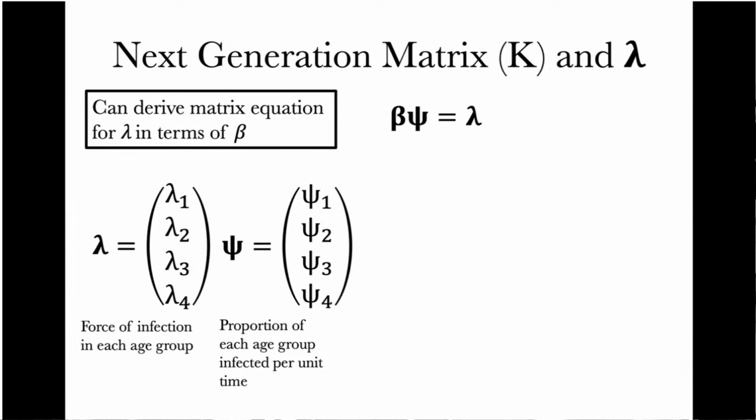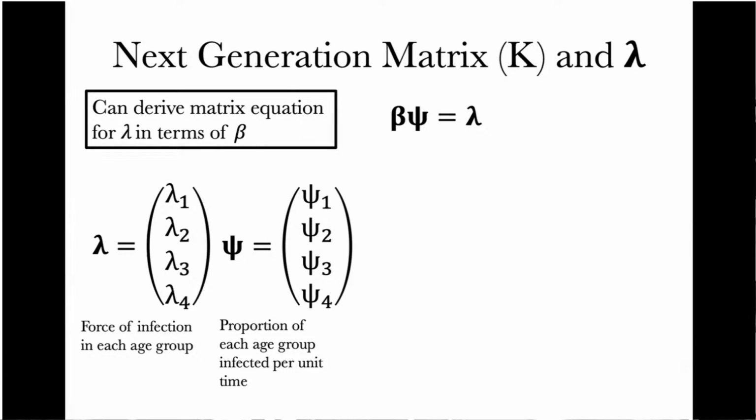And you can also estimate the force of infection to some level from the next generation matrix using this particular formula where, no, this is phi, I think, is a proportion infected in each age group.